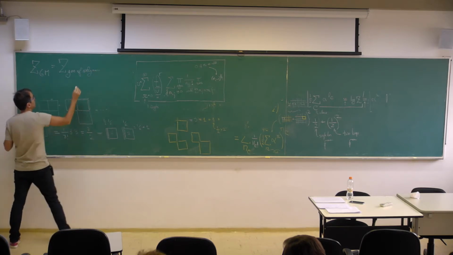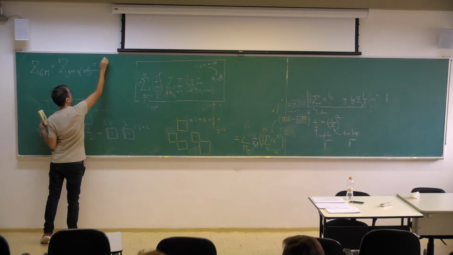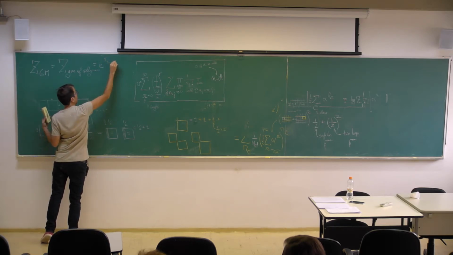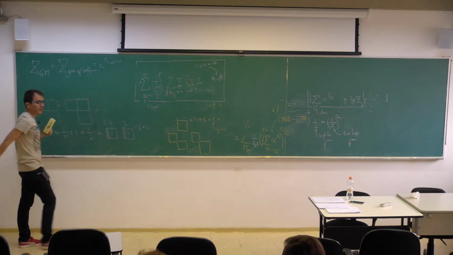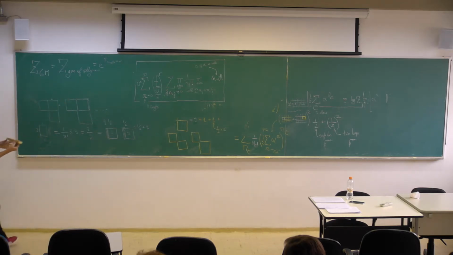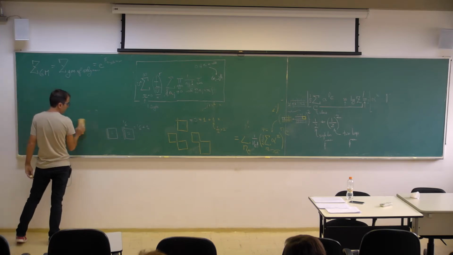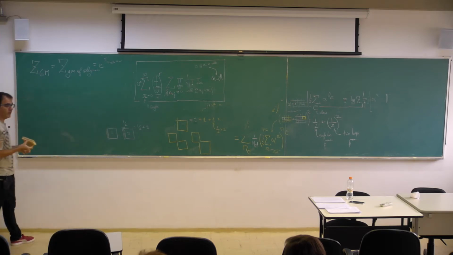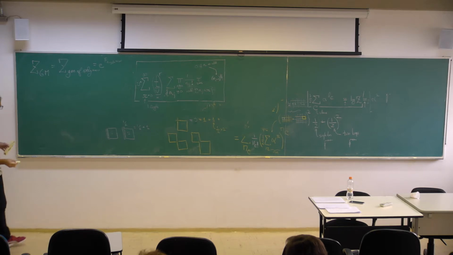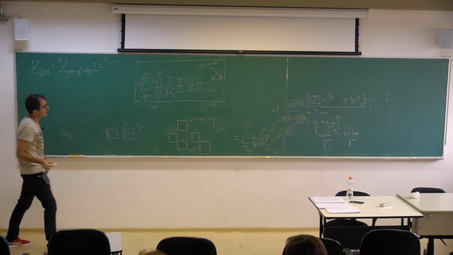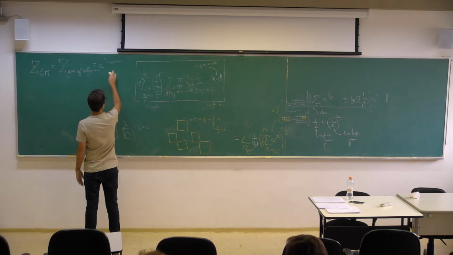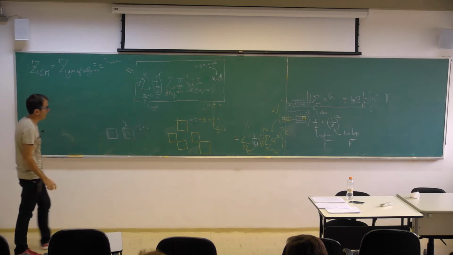Right? Which is exponential of the free energy for a single polymer. Single random walk. Right? So this is what we established. We did it by formulas before, and today we did it by combinatorics using a little bit of Gaussian integration. So this was equal to this, which was equal to this formula.